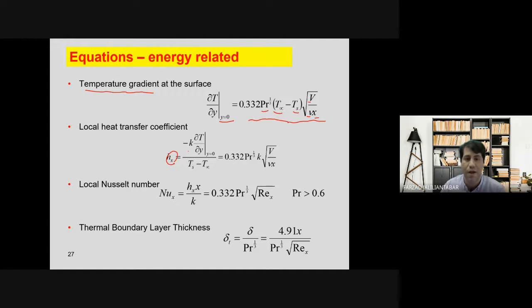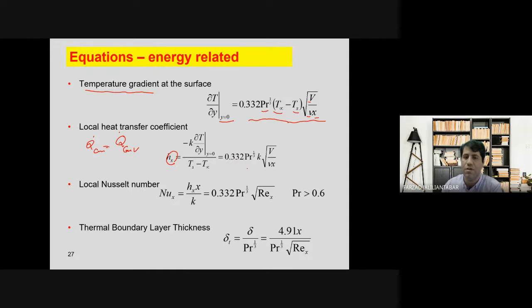Simply, if we divide these, if you remember before this, we had Q dot by conduction equal to Q dot by convection. This comes from that. So Hx is equal to this, which is that Q dot by convection, divided by the term Ts minus T infinity.